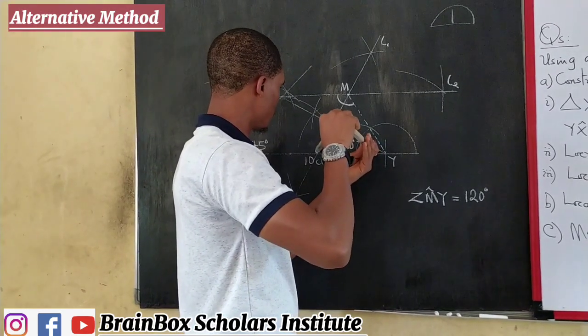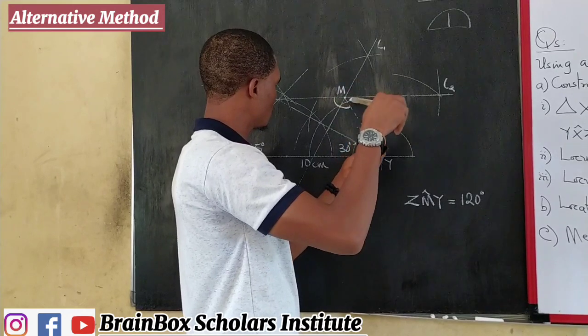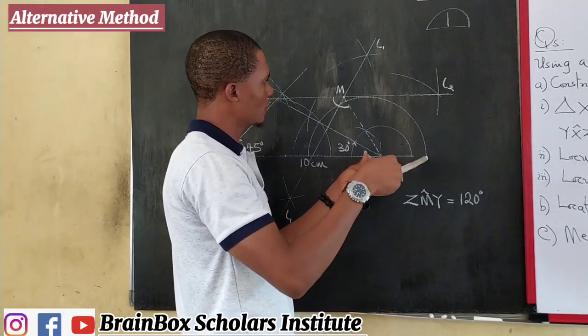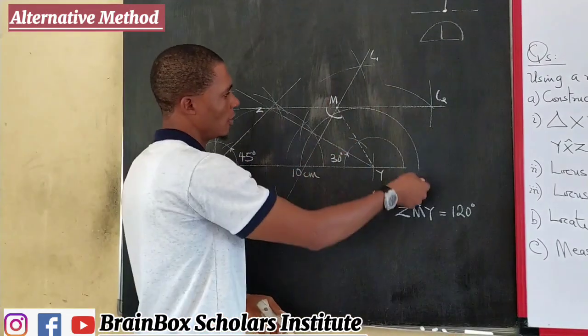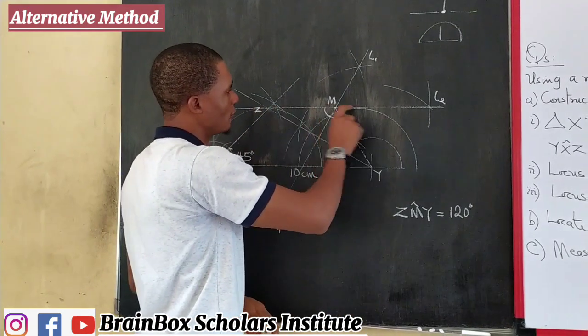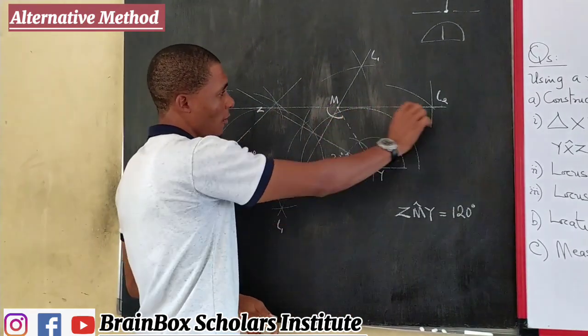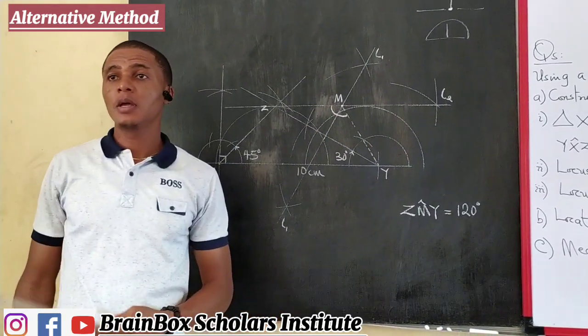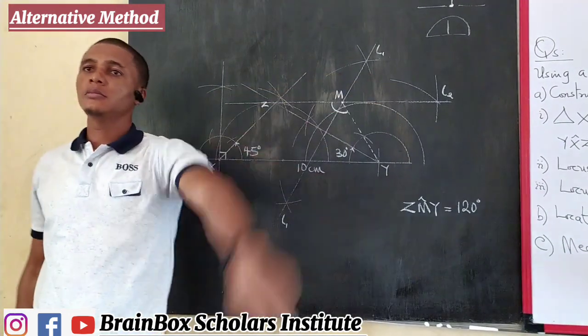Another one. Okay, so we draw 2 semicircles. Here you now draw a line that will touch their point of intersection. Are we there? And that line will pass through Z. Notice that when you draw a line to pass through Z.